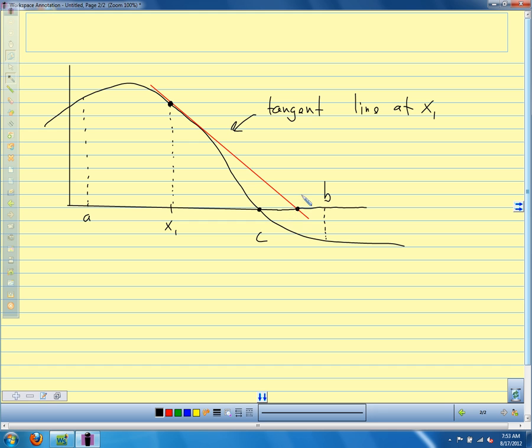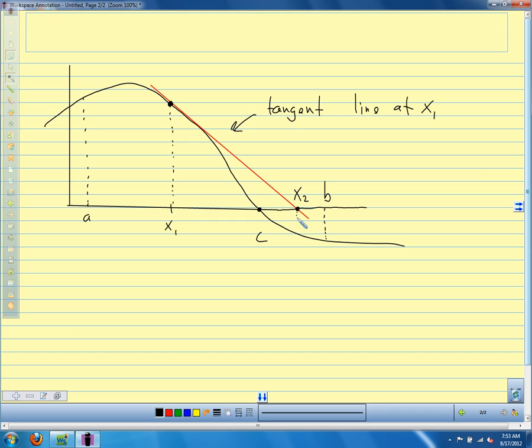So we're going to call this x2. So our intercept for the tangent line is x2, and this is usually a better approximation of the 0. So we guess x1, we come up with the equation of the tangent line, and figure out how to come up with a value for x2. And then we're going to repeat that process.